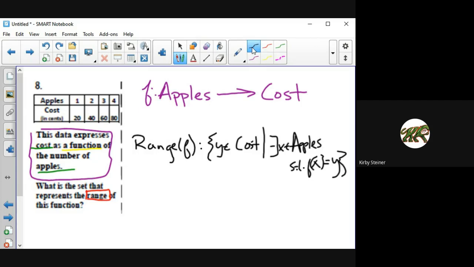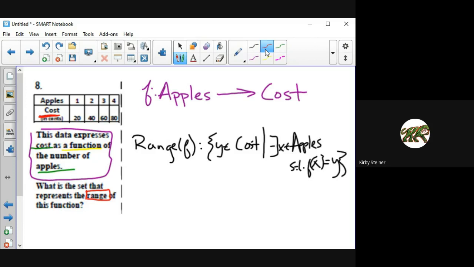So we're looking at these values in cost that are defined by a specific number of apples. Based on this table, we've only defined this cost function for 1, 2, 3, and 4 apples.